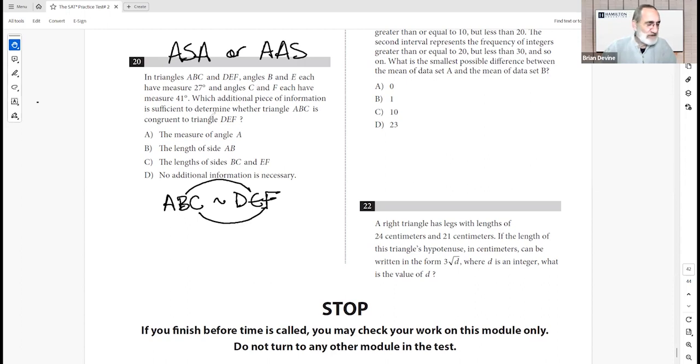And so what additional piece of information do I need? Well, as I said, I need that S for ASA or AAS. So I need two corresponding sides to be the same length. And in this statement, BC then would have to be the same length as EF. So C would be my best friend in this particular question.